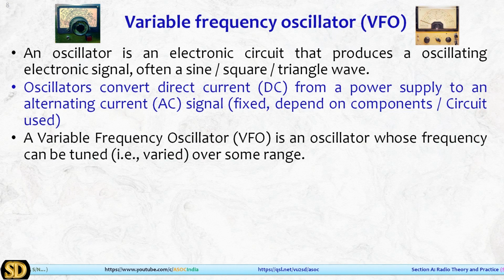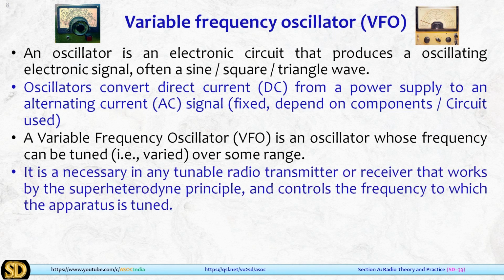A VFO, variable frequency oscillator, is an oscillator whose frequency can be tuned. Can be tuned means we can vary it within a certain range or bandwidth. There is a minimum and maximum range, and within that range we can tune anywhere. This is a very important device, and we need it everywhere.